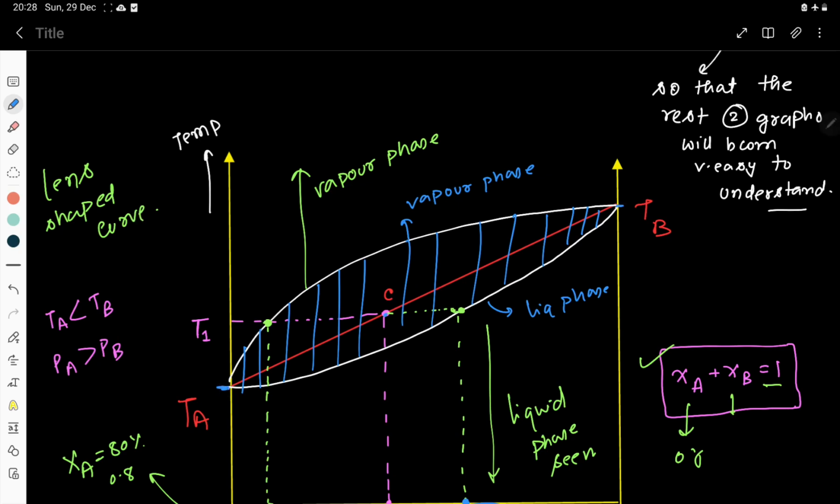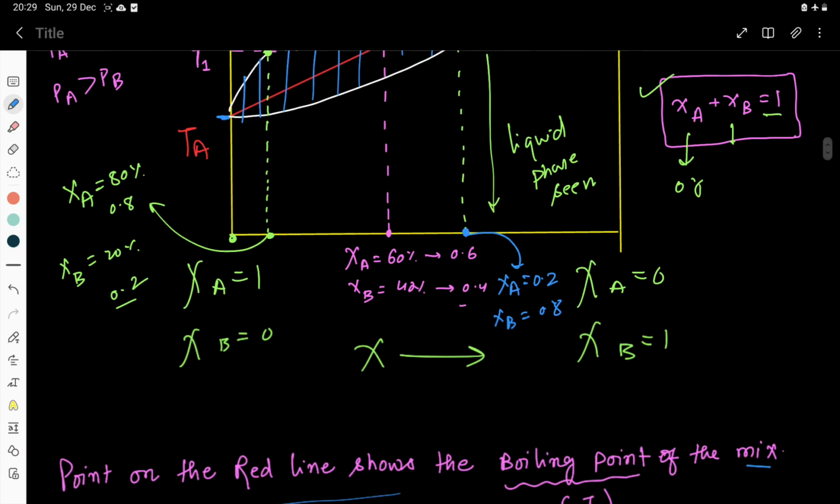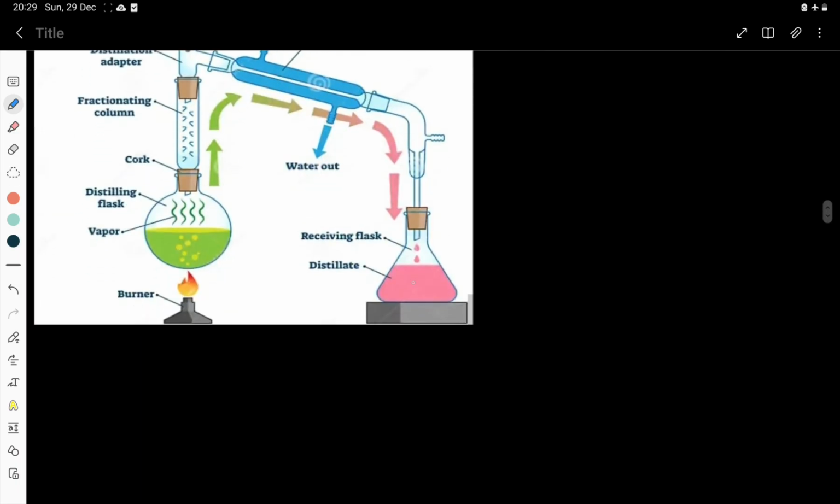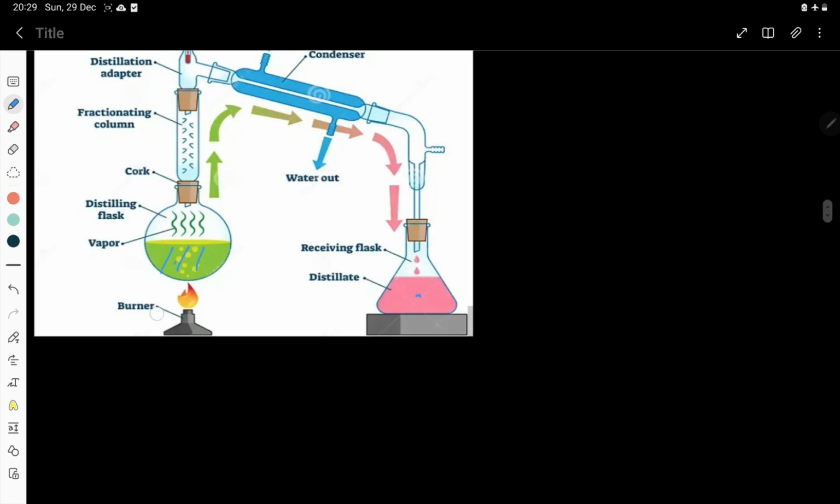If Ta is less than Tb, that means the vapor pressure of A is greater than the vapor pressure of B. So the component with the greater vapor pressure, A, will evaporate faster, and it will get condensed by a condenser into the conical flask, the distillate. Here the mixture of liquid A plus B is present.